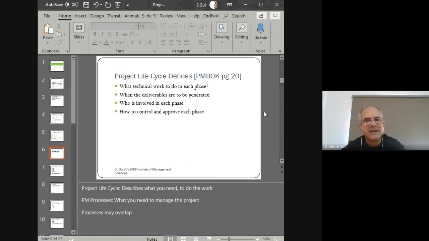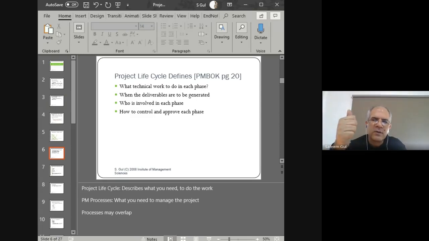Also, the phase is helping us to figure out the deliverables that will be generated. So we're not specifically concerned only about the major deliverable. We're also concerned about these minor milestones that we have in place because certain deliverables will be generated in those as well. So we have to figure out what deliverables we are concerned about, one.